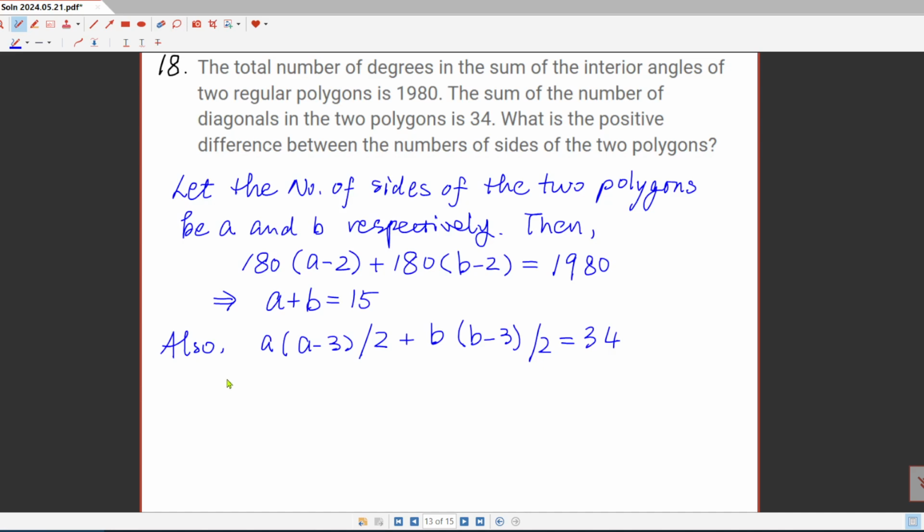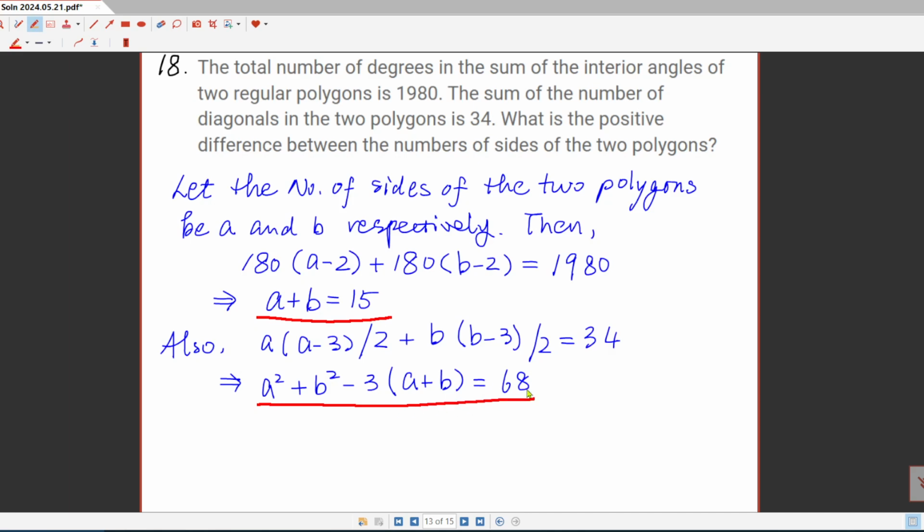So simplify this equation will give us a squared plus b squared minus 3 times a plus b equals 68. Okay, so basically you have two unknown quantities a and b and also two equations, which basically means we could solve a and b, right?